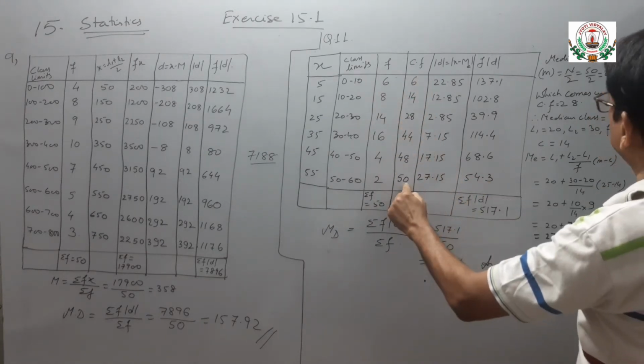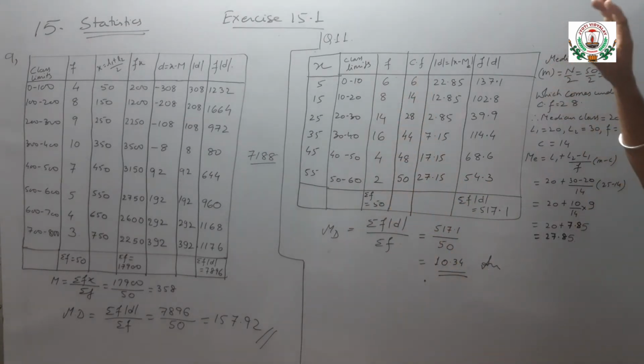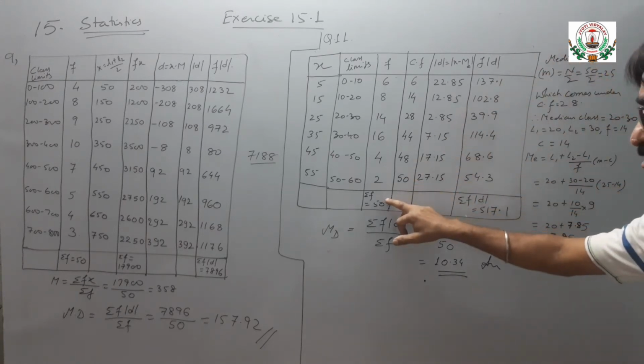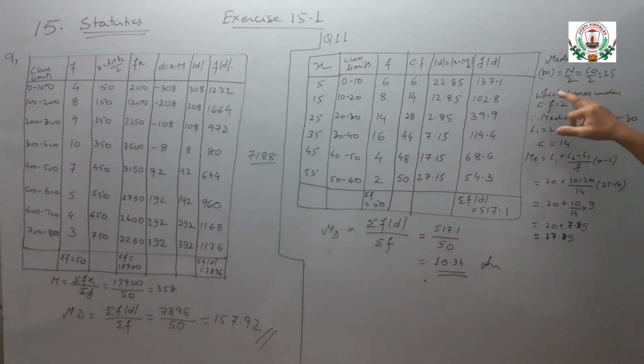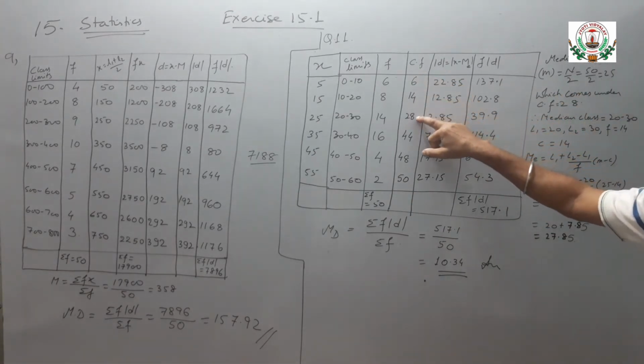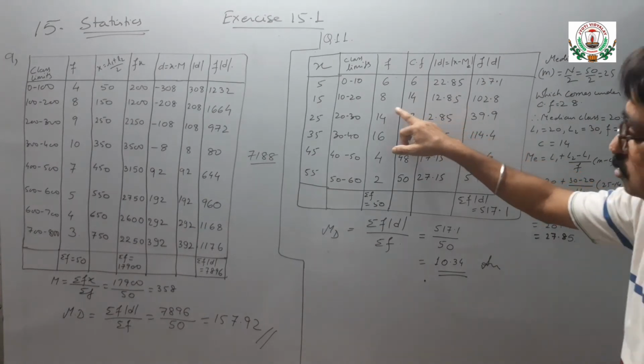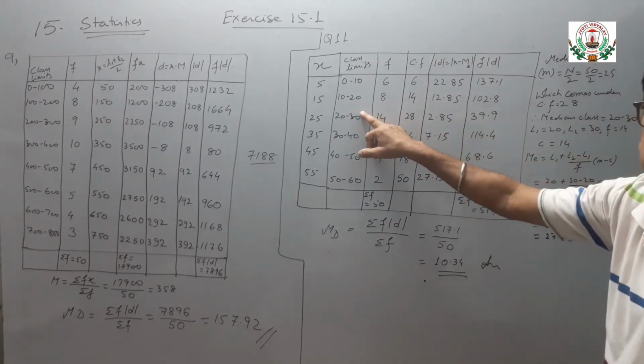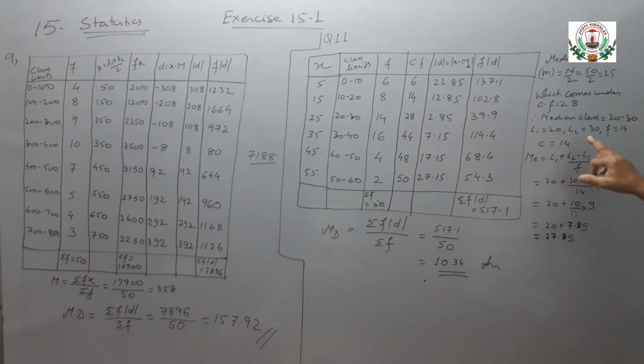We get 50. In case of class limits, the median number is calculated by the formula n by 2, where n is the total of the frequencies. 50 by 2, 25. 25 comes under the cumulative frequency column, just approaching 28, and its corresponding class limit 20 to 30 will be the median class.